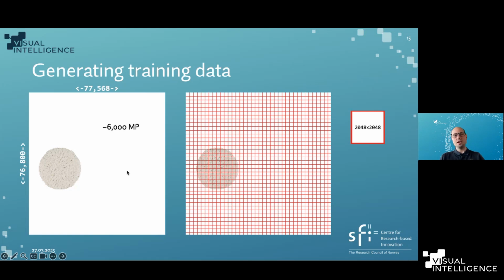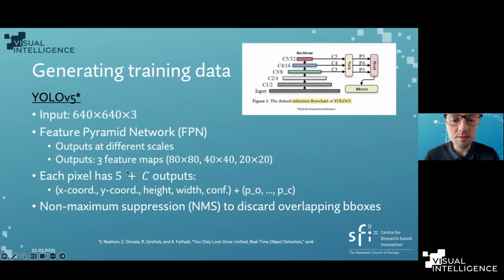And then we generate the automatic bounding boxes by a couple of different methods. We have tested out YOLO V5 pre-trained, not for labeling, but just to get the bounding boxes.